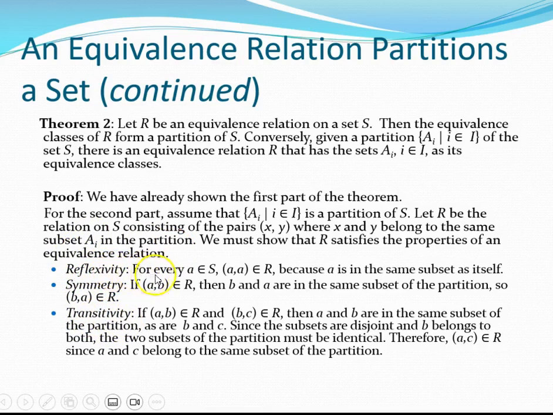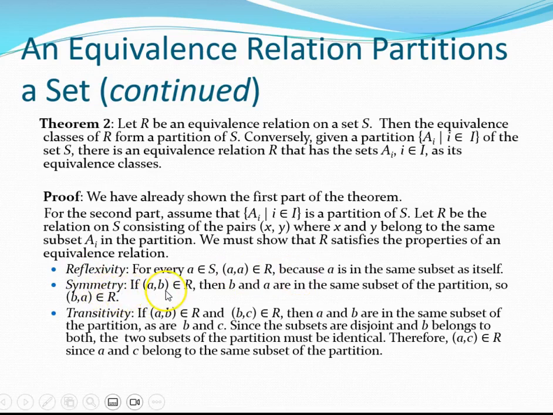The first property, reflexivity: for every element a of S, the pair a, a belongs to R because a is an element of the same subset as itself. The subsets are disjoint, so a belongs to only one subset.